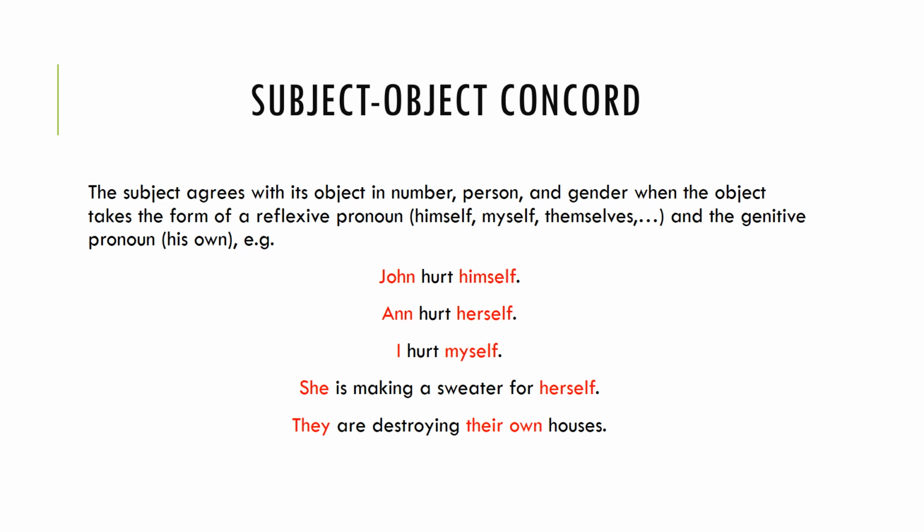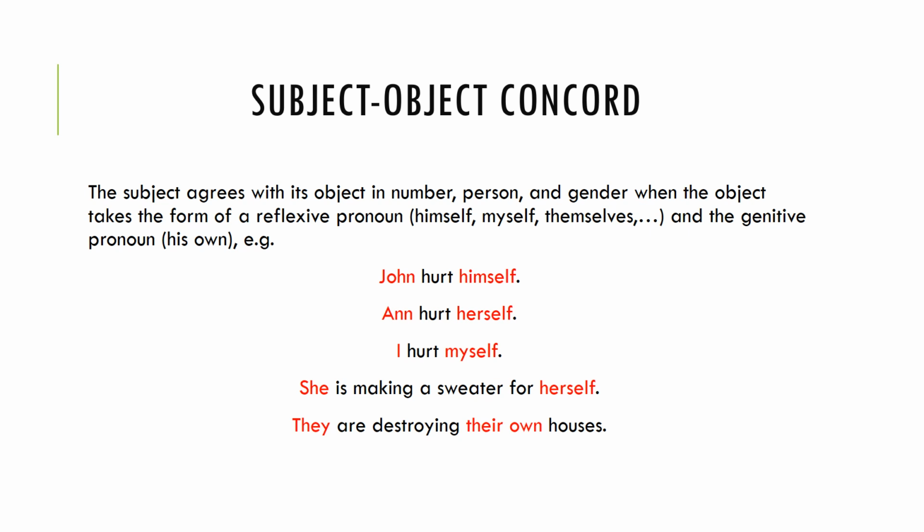Even when you change the function of the reflexive pronoun from an object to an object of a preposition, when it appears in prepositional phrases, the reflexive pronoun also has to agree with the subject in number, person, and gender. For example, she is making a sweater for herself.